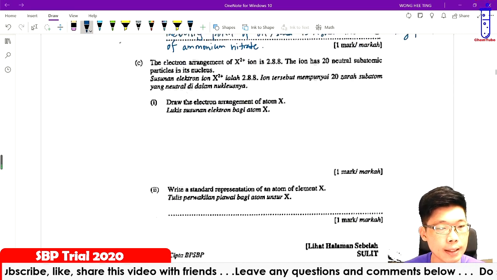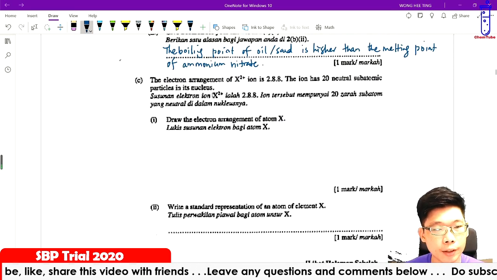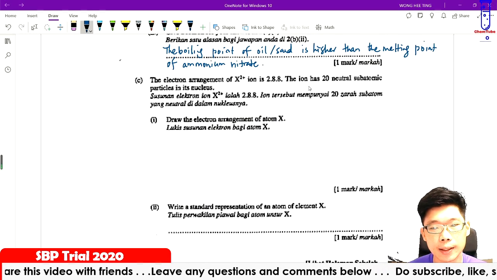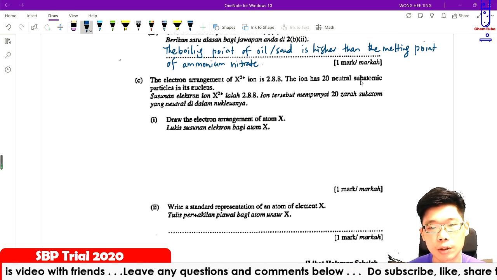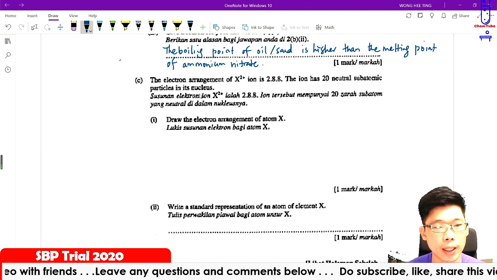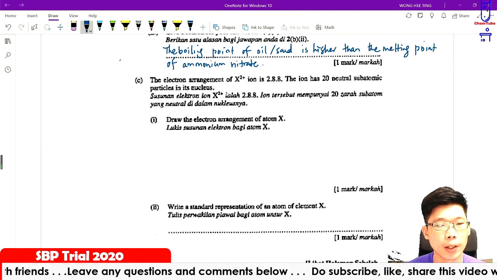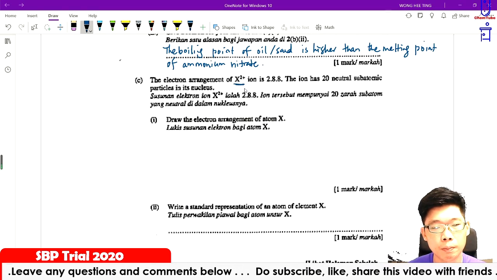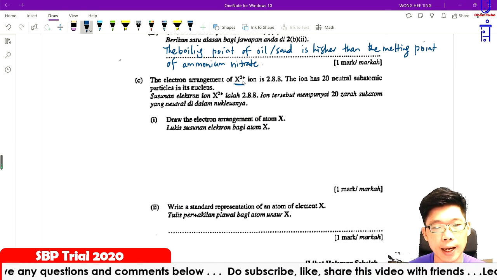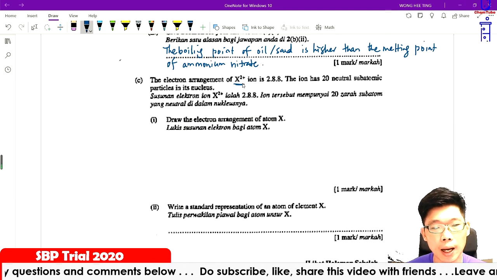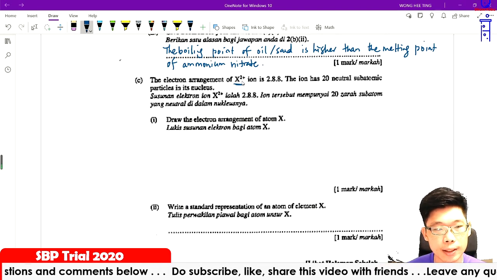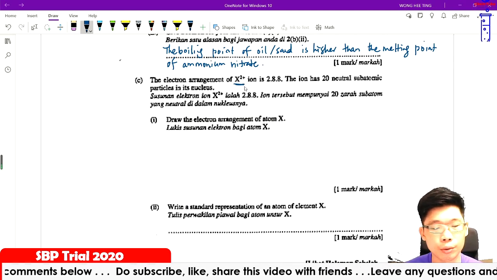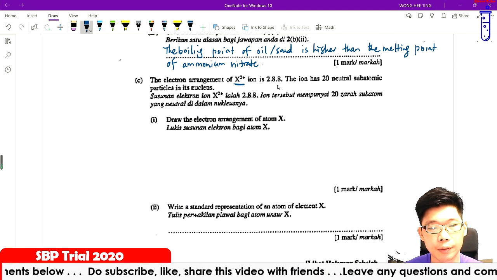Now C, the electron arrangement of X2+ is 2.8.8. The ion has 20 neutral subatomic particles in its nucleus. Since it has the charge of 2+, in other words, it has lost two electrons in the reaction to achieve a stable octet electron arrangement.